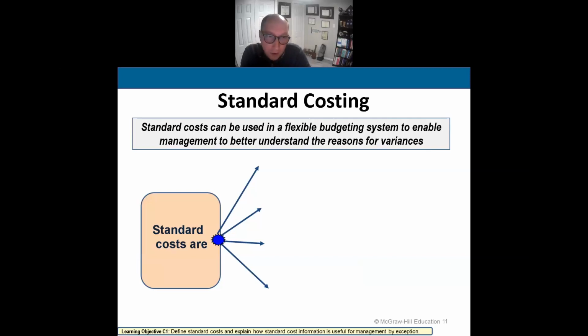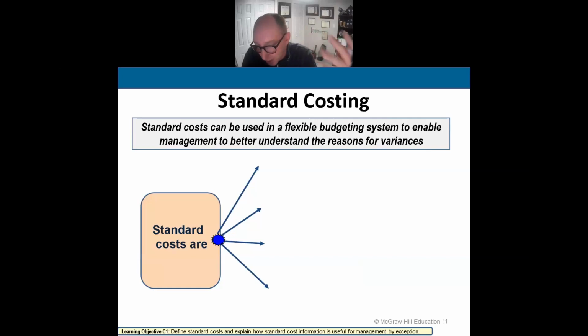Look at what we call standard costs. The way I want you to think about a standard cost is that a standard cost is the cost I expect. It's my budgeted cost.